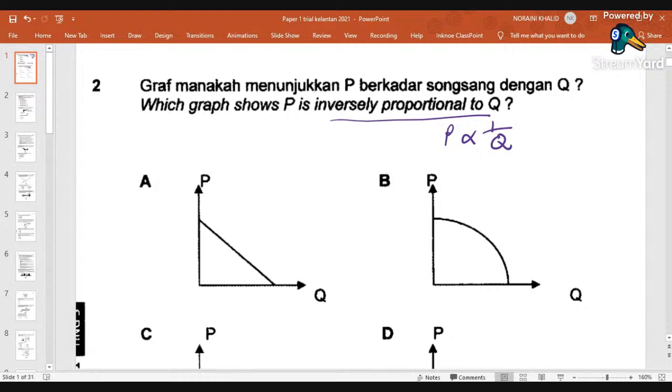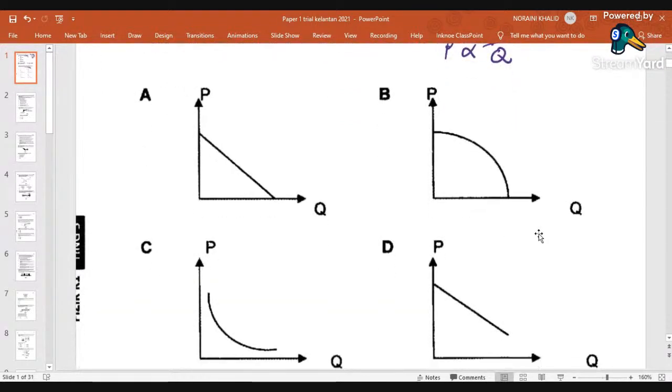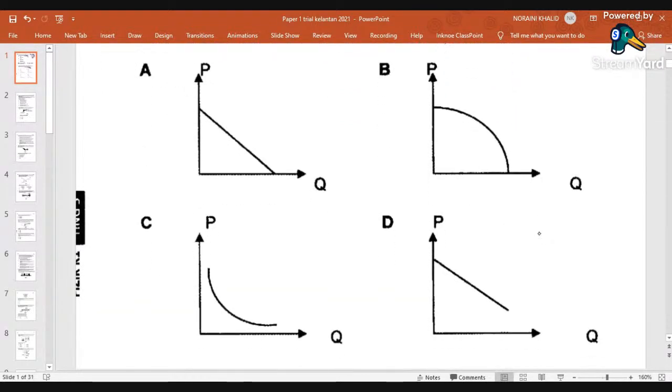Inversely proportional to Q. If you read directly proportional means P directly proportional to 1 over Q. So if you have the graph P against Q, means the graph must be a curved graph C. So this is inversely proportional graph. If you plot P against 1 over Q, you will get directly proportional.